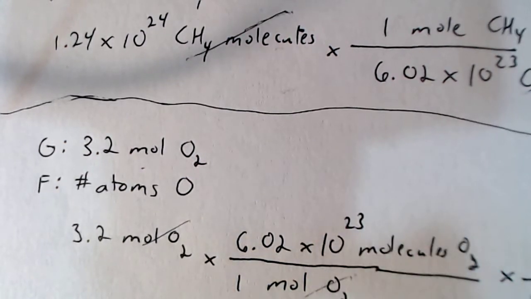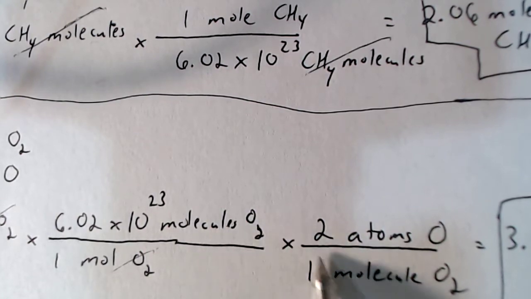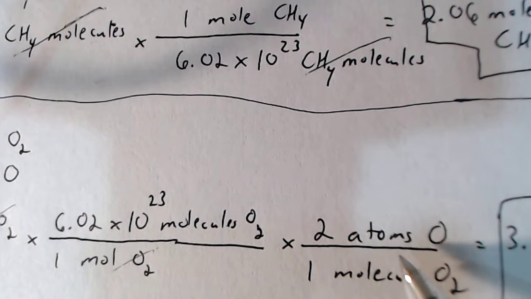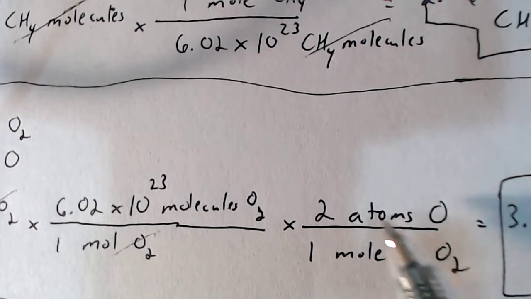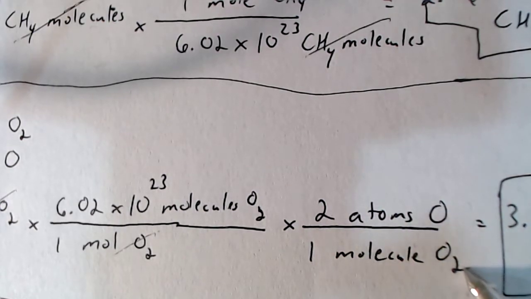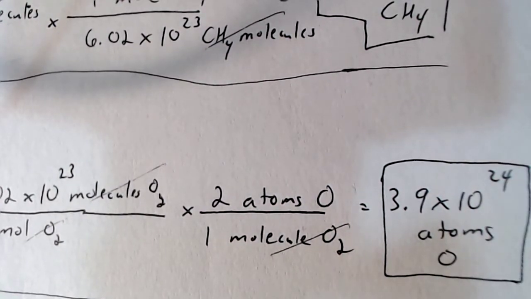So molecules of O2 will now convert into atoms of oxygen. We know that for every 1 molecule of O2, there are 2 atoms of oxygen. O2 has 2 O's in it, so there's 2 O's per O2. So we should get 3.9 times 10 to the 24 atoms of oxygen.